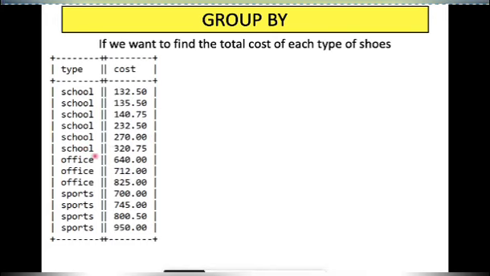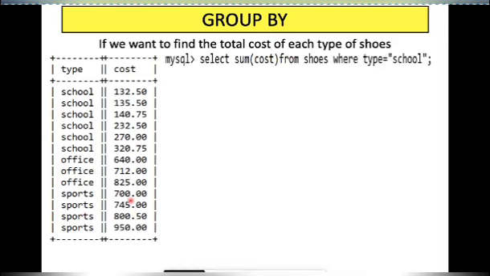Then office shoes, these 3 values should be summed up, and then sport shoes, these 4 values should be summed up separately. So school shoes total cost this, office shoes total cost this, sports shoes total cost this, something like this if we want to do.